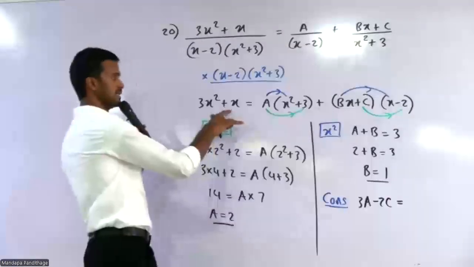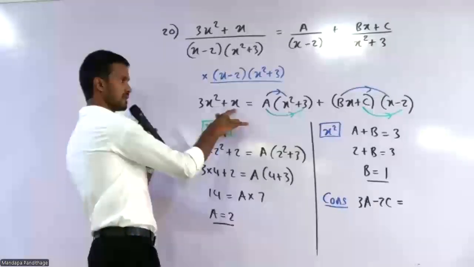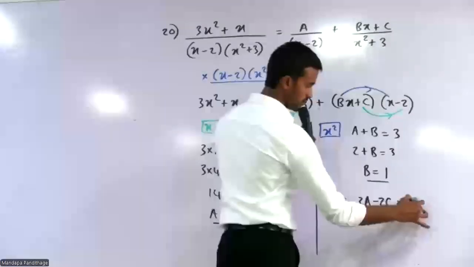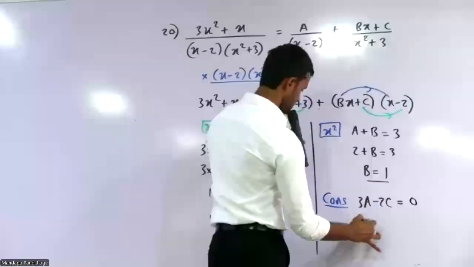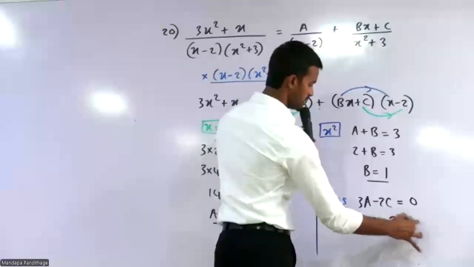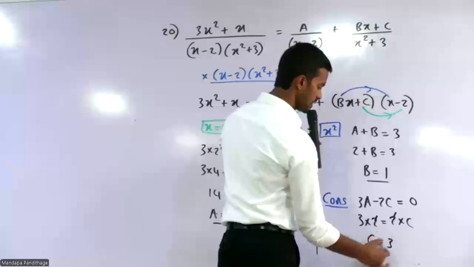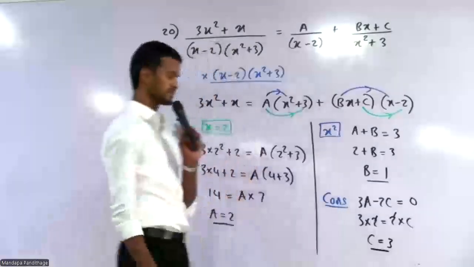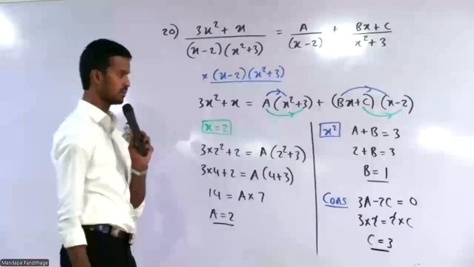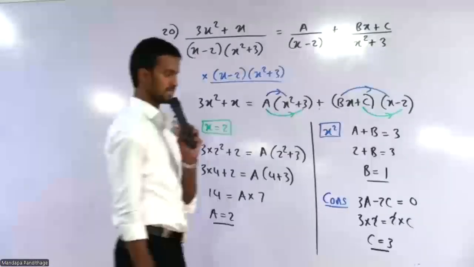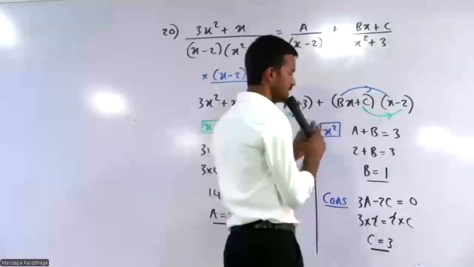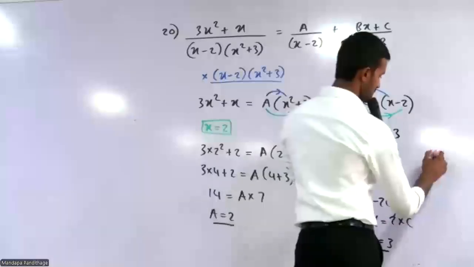What is the constant on the left? There is no constant, which means it's 0. So 3A, which is 6, is equal to 2C, which gives me that C is equal to 3. I'm getting proper integer values: A is 2, B is equal to 1, and C is equal to 3. So you can write the partial fractions in this way.